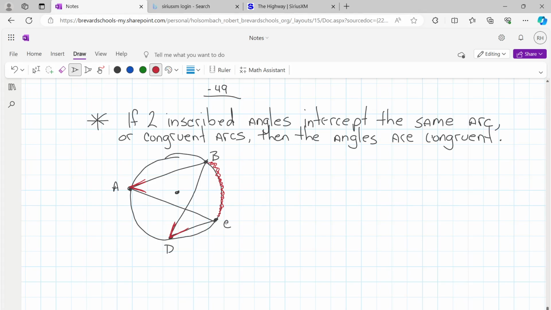So look, we just kind of said that if arc BC is 80, then angle A would be 40. And by that same rule, if arc BC is 80, then angle D is also 40. So that's what this theorem is telling you.